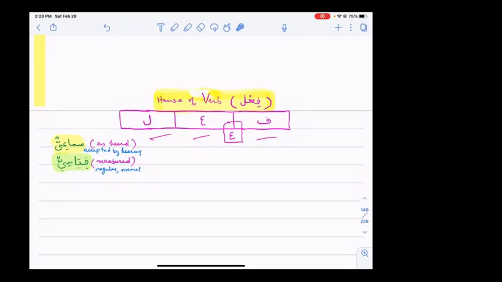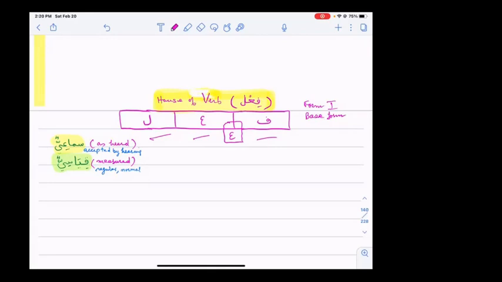So fa'ala, brothers and sisters, you can call it form 1, or you can call it the base form, the foundation form. When we change it, then the scholars have given them their designation.